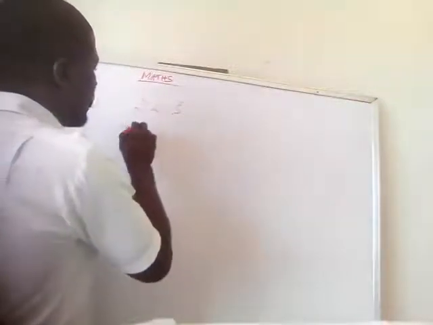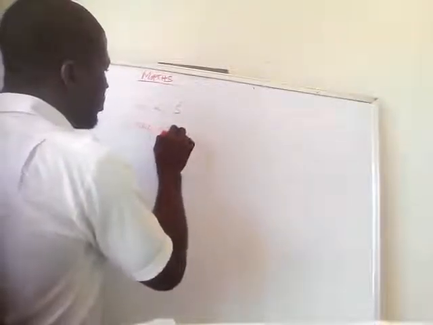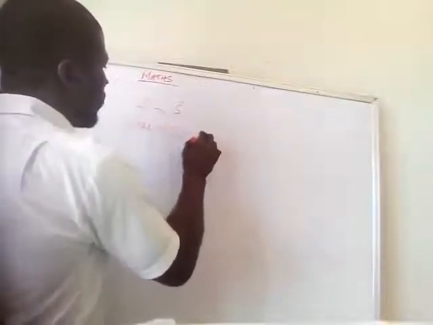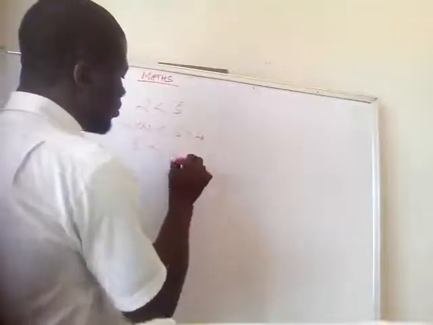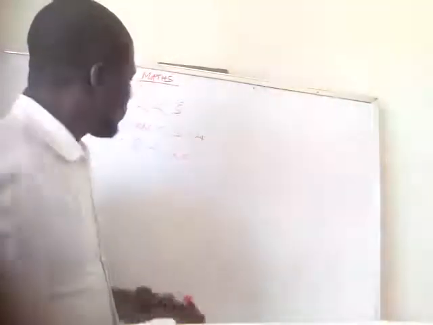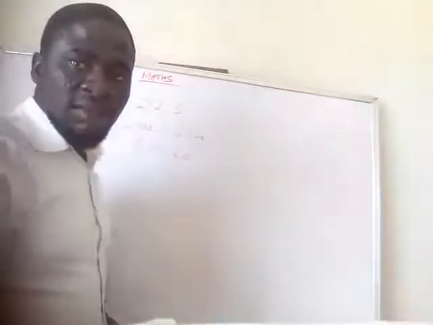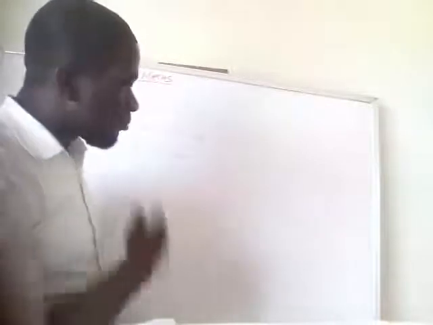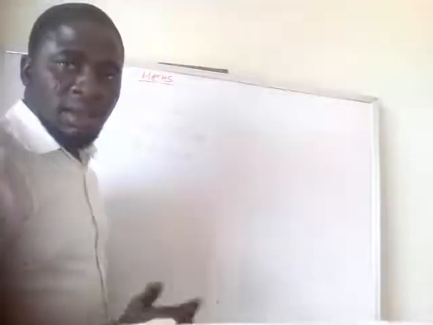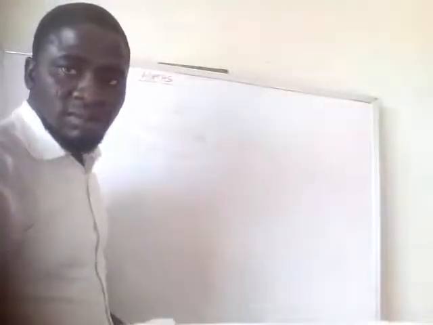You have 2 times 4 is less than 5 times 4. Here, 8 is less than 20, which you know is true, 8 is smaller than 20. So instead of wasting time, let's go to some solvings.